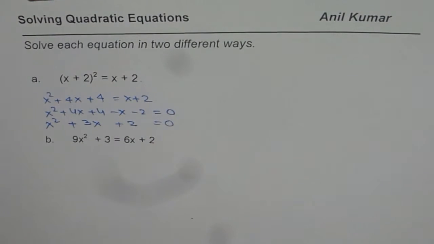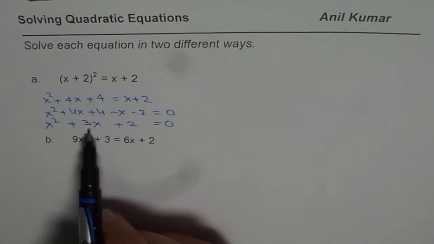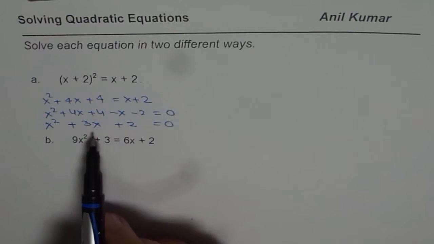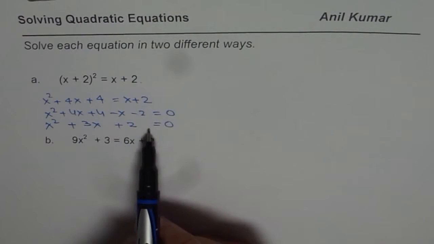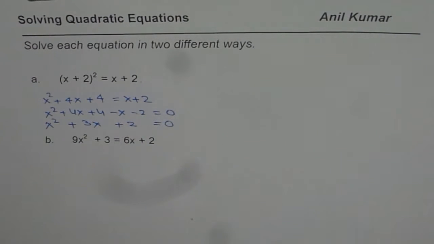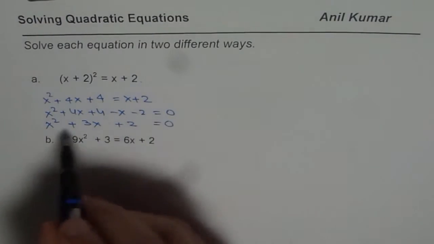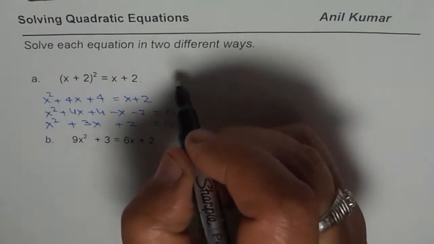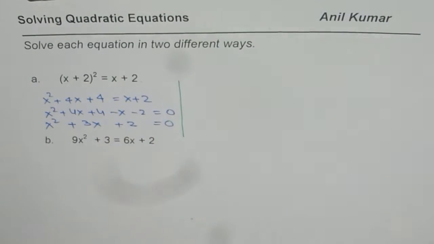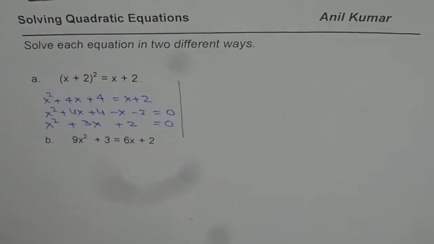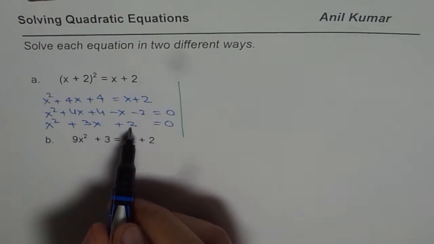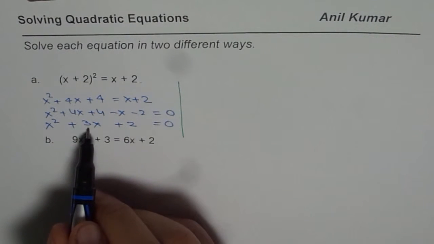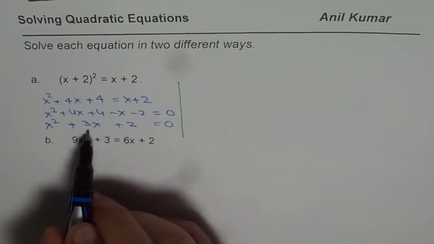So that becomes the equation which you can solve, right? This equation could be solved by factoring or by applying the quadratic formula. So that is how you could solve it. Let us continue with this equation. At this stage we are looking for a product of two numbers to be 2 and sum to be 3. Those two numbers are 2 and 1.